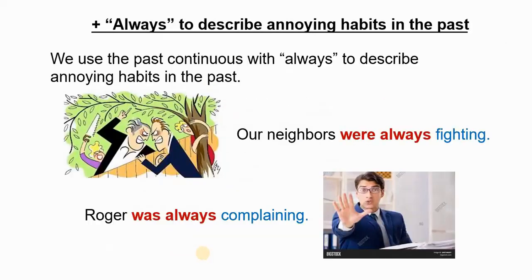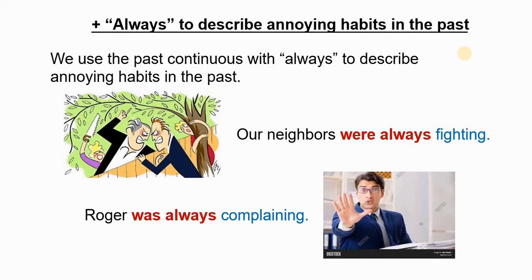We can also use the word always with the past continuous to describe annoying habits in the past. Alright? So, the past continuous with always to describe an annoying habit or an annoying repeated action in the past.